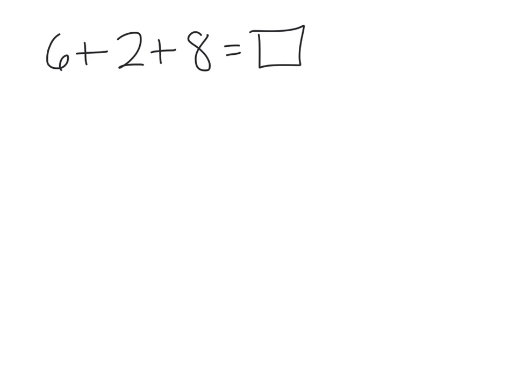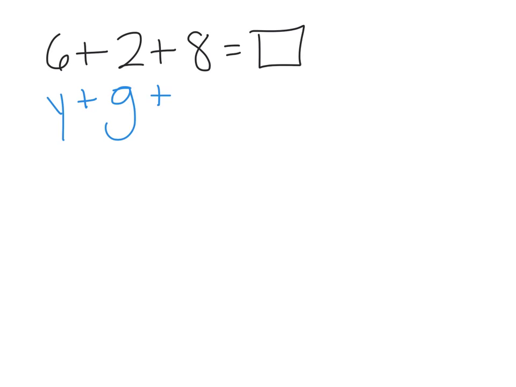If you have written down a word problem, I'm going to give you an example of my own word problem that would work for 6 plus 2 plus 8. In my word problem, I saw some kittens at the animal shelter. 6 of those kittens were yellow, so I'm going to put Y for yellow. 2 of those kittens were gray, so I'm going to put G for gray.